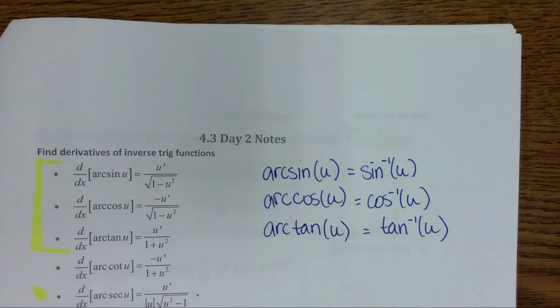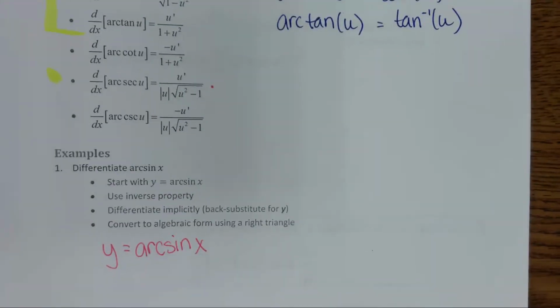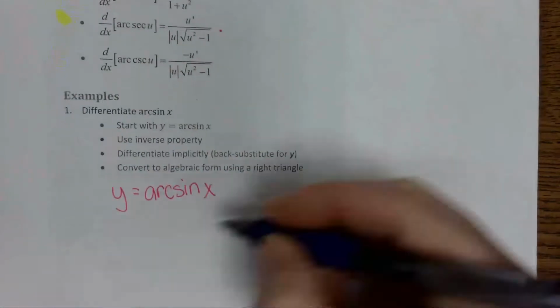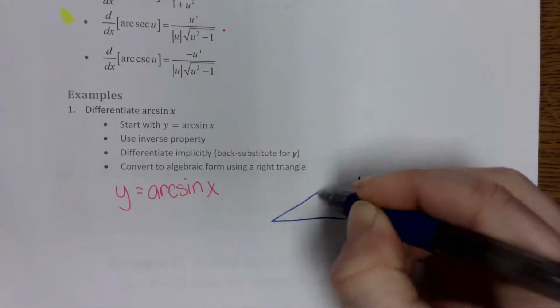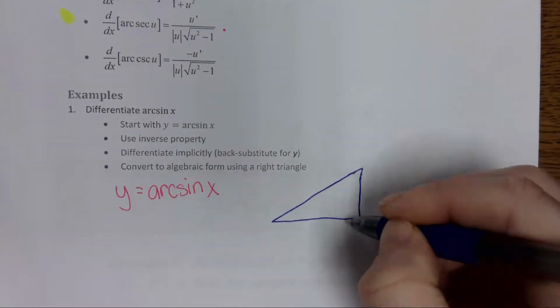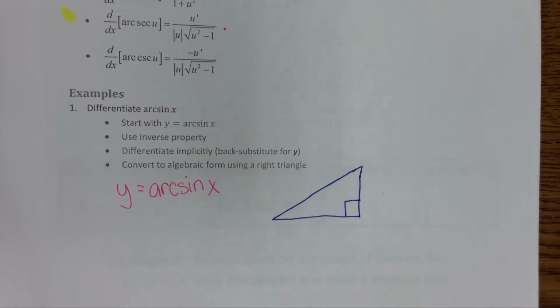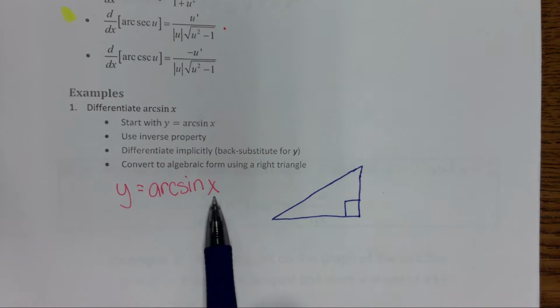So, all right, let's draw a triangle. Let's do what we were doing yesterday. I'm going to just show you how you can get to this top expression. So we draw a triangle. If arcsine is x, that's like x over 1, right?